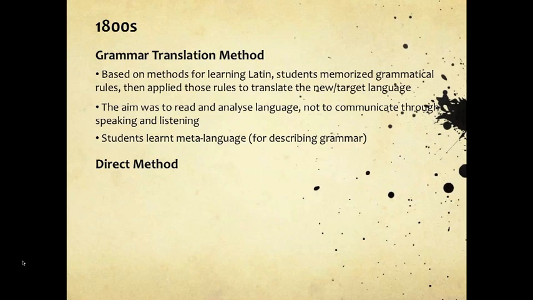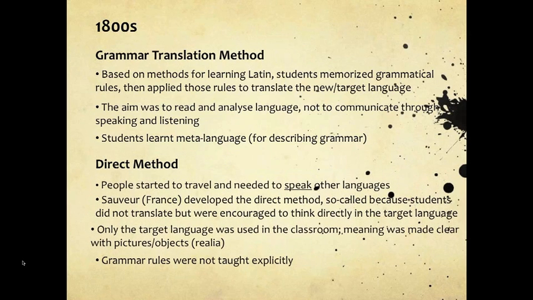In fact, the direct method was introduced largely because the grammar translation method ignored speaking and listening. As international travel became more affordable, people discovered a need to learn to speak other languages, which clearly the grammar translation method couldn't satisfy.